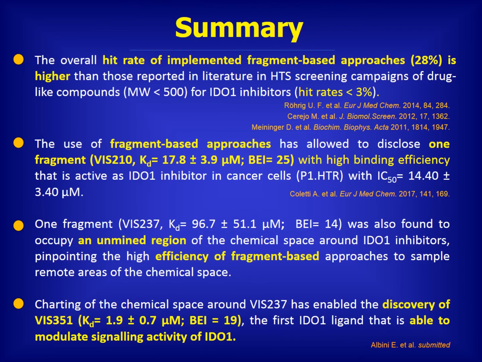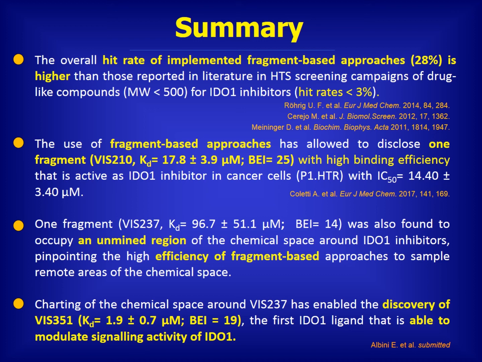So in summary, the overall hit rate of our fragment-based approach, which was about 28%, is higher than those reported in the literature in high-throughput screening campaigns of drug-like compounds for IDO1 inhibitors, proving the superiority of using a fragment-based approach in this kind of screening campaign.